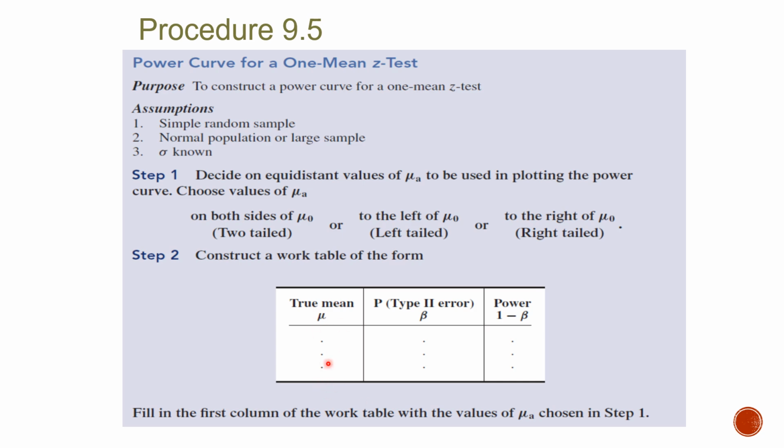And what we can do is use different alternate mean values, find the corresponding type 2 error probabilities, the beta values, using the same steps that we learned before, and come up with the power by subtracting beta from 1. And once we get all these power values, we can plot what is called the power curve, as we will see in the next slide.